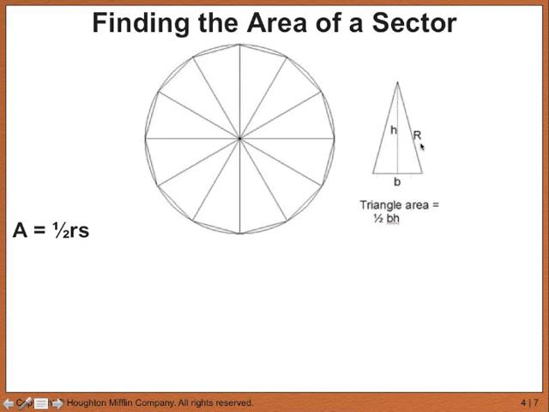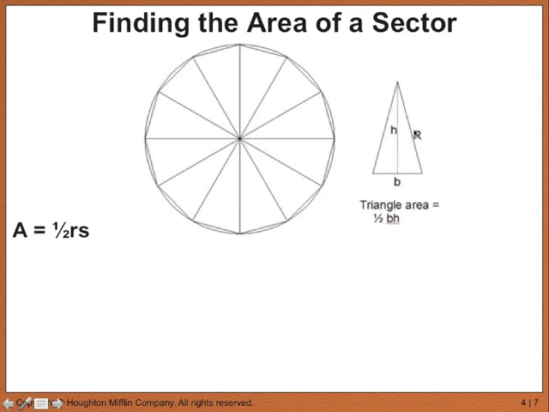Now the reason R is written here is because when you're looking at these isosceles triangles inscribed in this circle, the lengths of these two sides of the isosceles triangle coincide with the radius, and that's why I wrote R here.